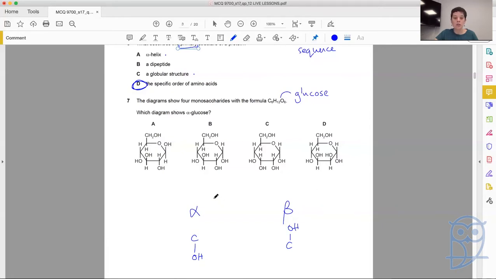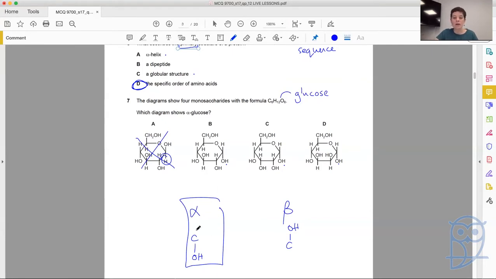So they want to know which one is alpha glucose. First off, OH is down on carbon 1, so this one is out: the H is down, OH down, OH down, OH down. Okay, so which of these 3 is our alpha glucose? We know that beta behaves, which means that we have H, OH, H, OH in a nice and reliable sequence along the bottom.